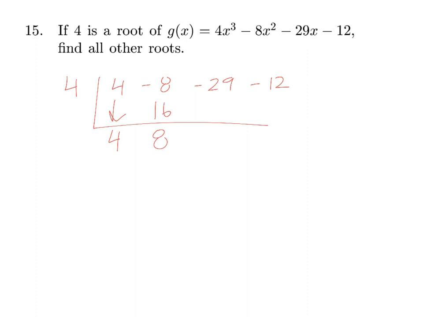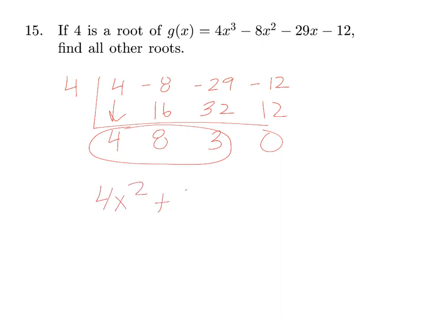Multiply, then add. Multiply, then add. Okay, so here are the coefficients to the remaining polynomial. So I have 4x squared plus 8x plus 3.